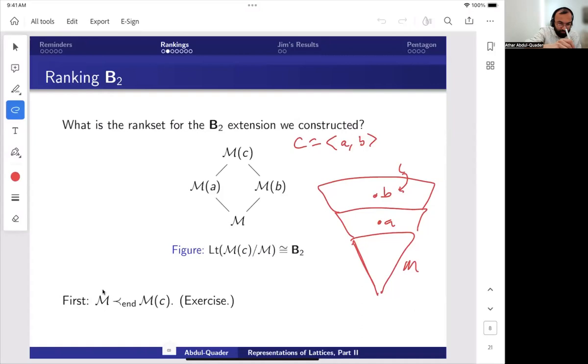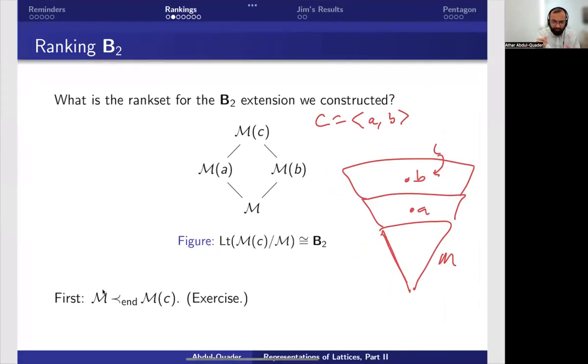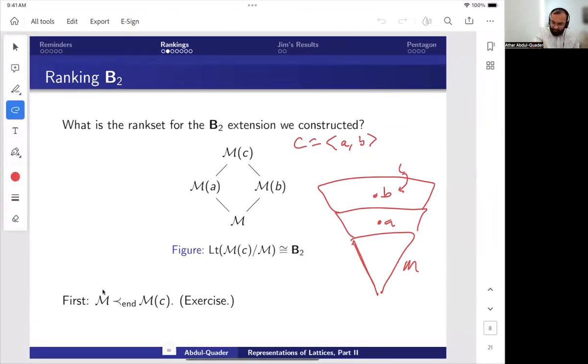Okay. So I wanted to go through, like I did last week, to talk through each of these individual extensions. Here's my drawing. Let me say a little bit more about this drawing. Essentially, what I'm saying here is that M is the initial segment.